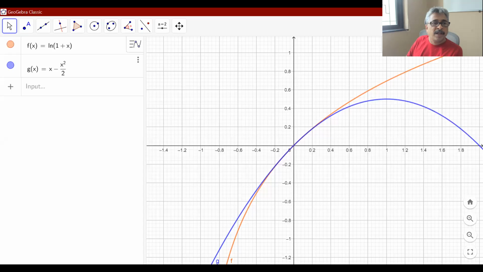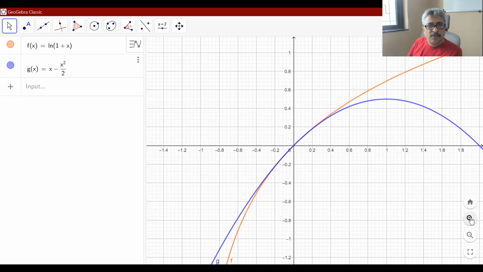Okay, using GeoGebra now, we are sketching log 1 plus x and x minus x square, and you will find near x is equal to 0, both these graphs are almost coincident for a while. I mean, it is not only at x is equal to 0, in the vicinity of x is equal to 0, they are coincident.